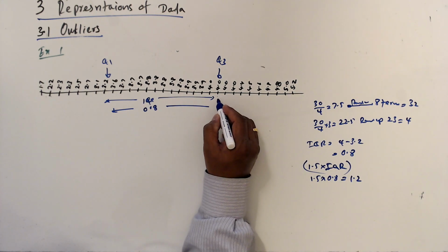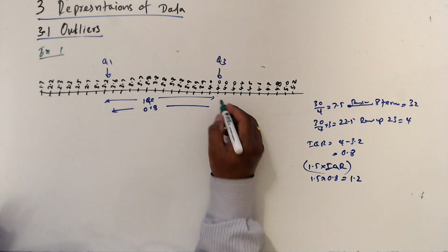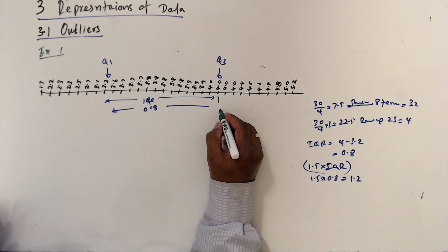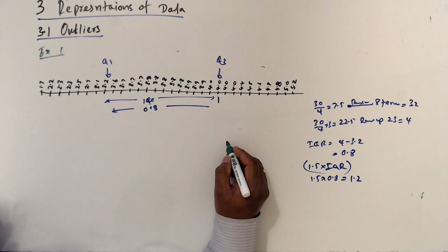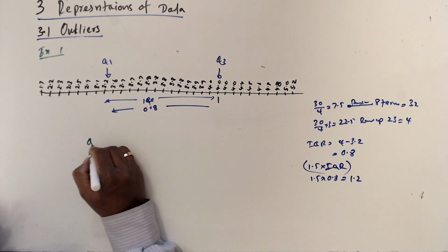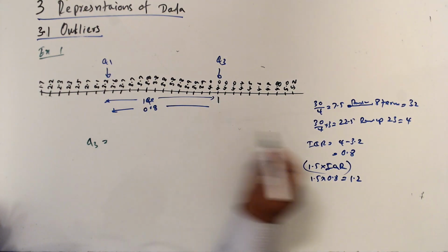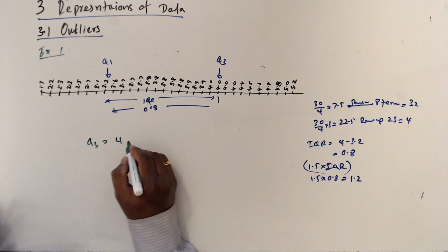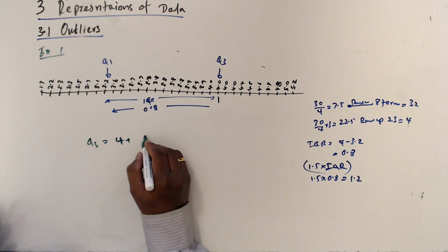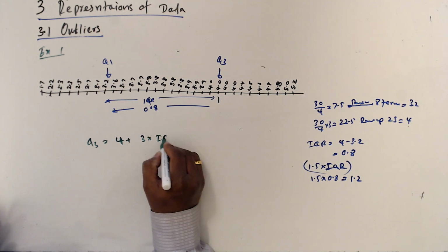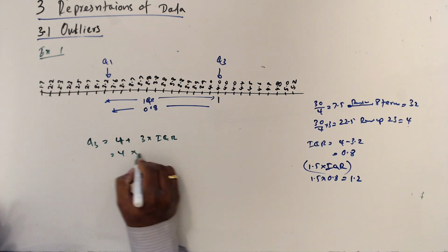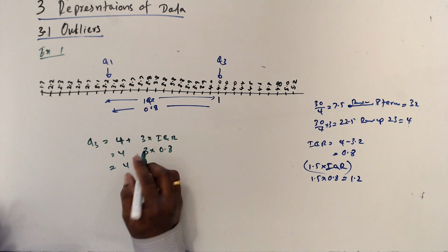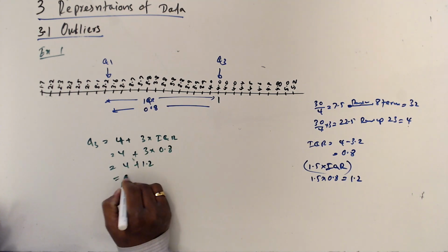Then from this, I want to add 1.2 to Q3. Q3 is 4. Then I add 1.5 times IQR, which is 1.5 times 0.8, 1.2. 4 plus 1.2 is 5.2.